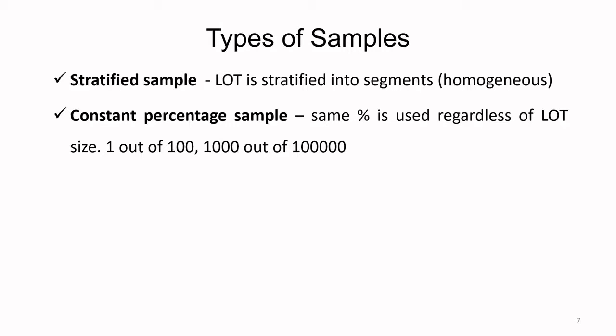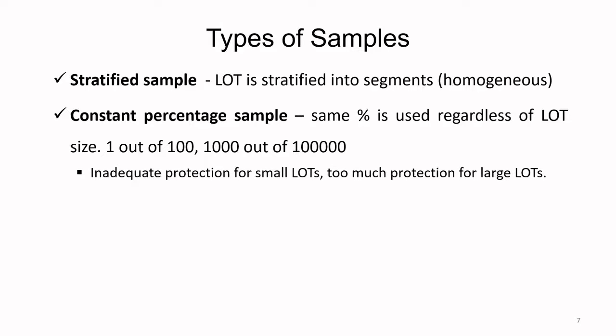But in case of 100, if you are just taking 1%, that 1 is very less. So if you use common sense, I'll do at least 10-12 pieces if the shipment size is 100. If there are 1 lakh pieces, I'll take out somewhere around 120, 150 pieces, and I'll still be able to gauge the true quality of the shipment.